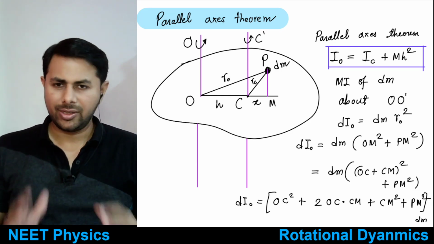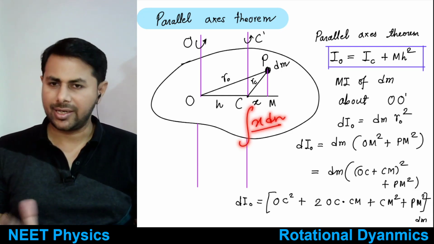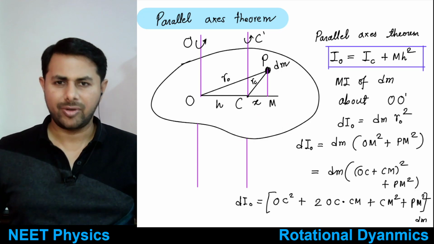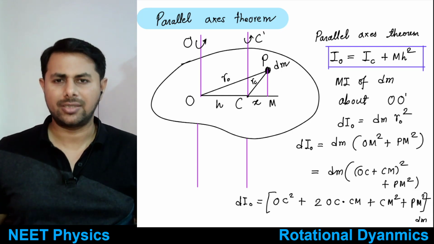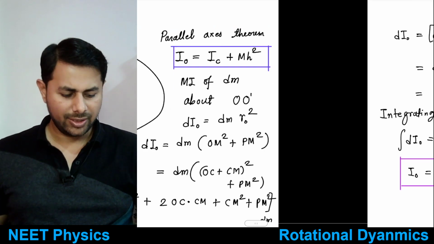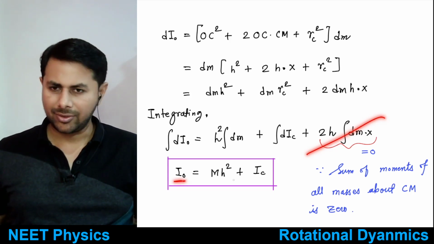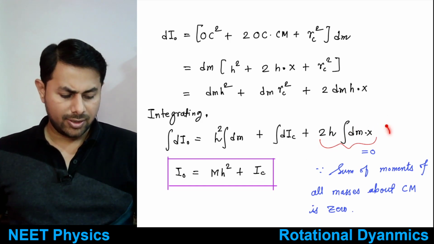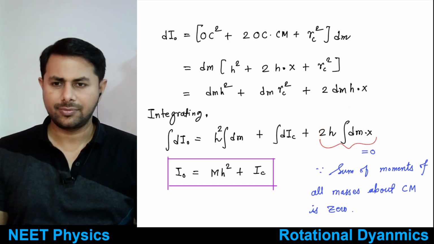So if you integrate this x dm, that integration would come out to be equal to 0, because we know that the moment of all masses about the center of mass is equal to 0. So this thing becomes 0, and therefore you have IO equal to IC plus Mh square. Is this thing clear, everyone? Yes, no?